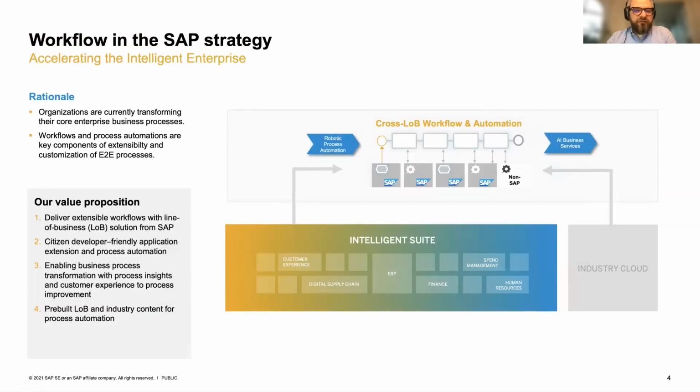When we take a look at workflow and also at automation in the bigger SAP strategy, of course, we see that often it is not enough to really just focus on the processes which are running in the intelligence suite.